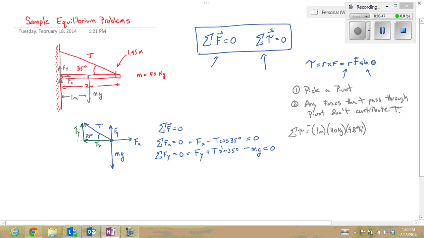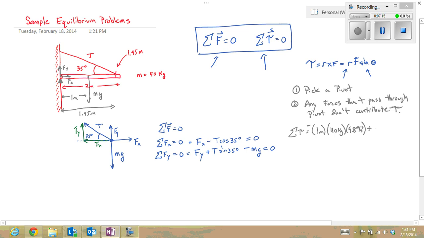So my first torque is that. Now my next force is my tension being applied way out here at the end. So I have a radius vector that goes all the way from here out to here, and I think this is 1.95 meters according to my diagram. So that tension is going to tend to turn this thing counterclockwise, so that gives positive torque.